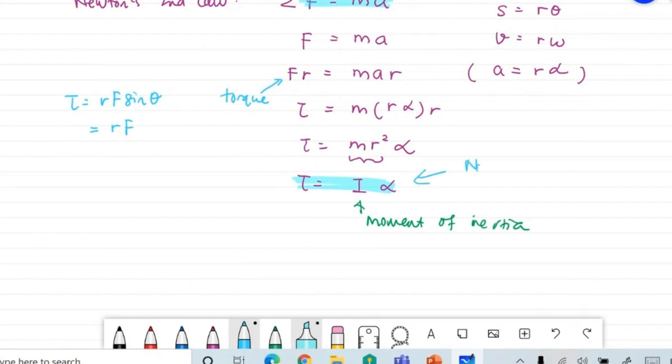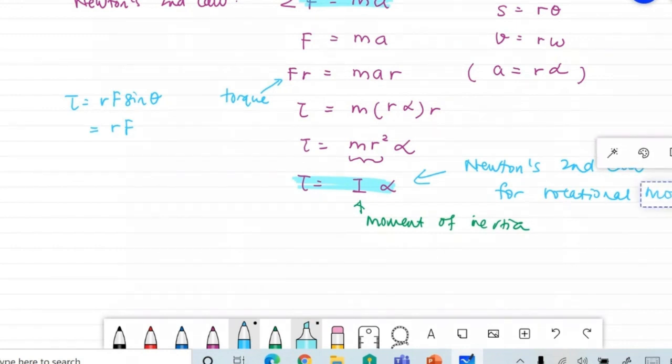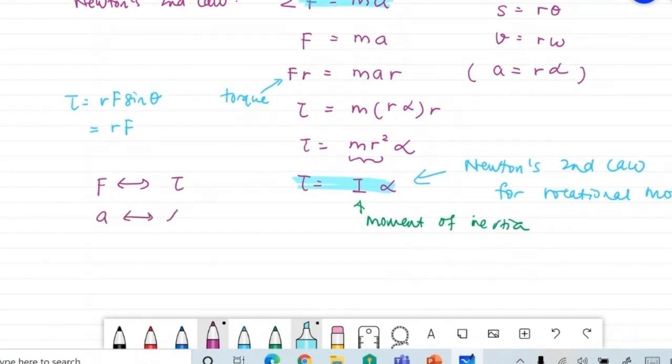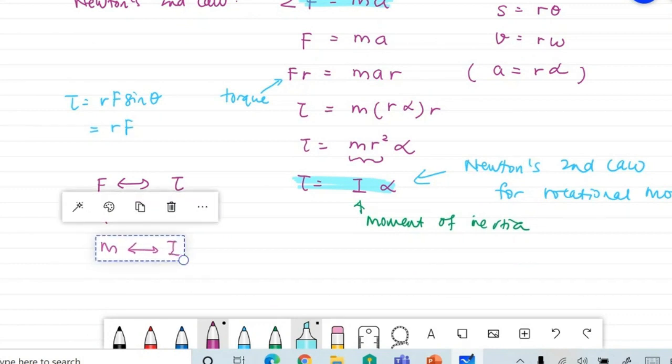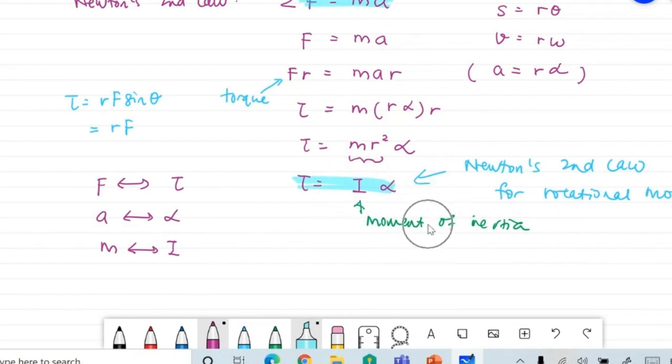So F is analogous to torque, a is analogous to alpha, and m is now analogous to moment of inertia. In linear motion we use mass, but in rotational motion we don't look at mass, we look at a term called moment of inertia.